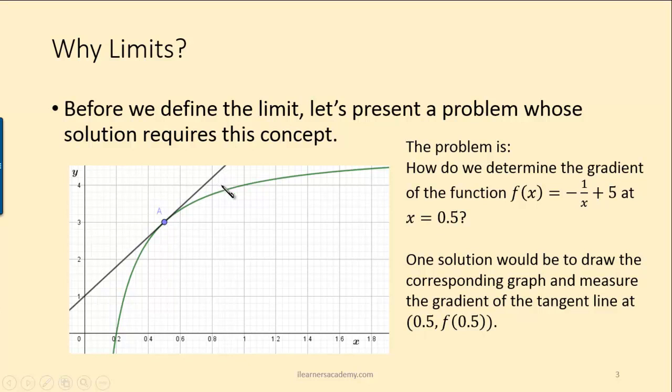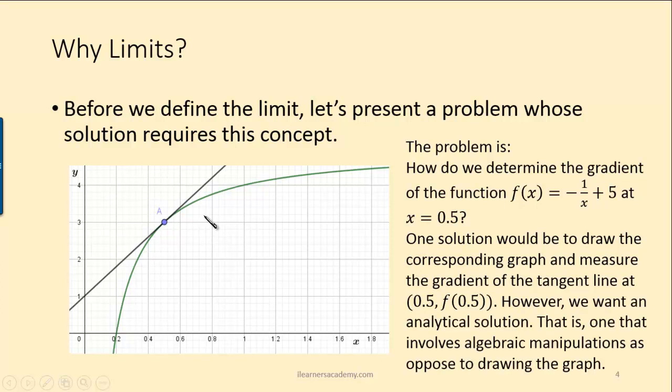And of course, then we simply measure the gradient of this tangent line. If you look at this carefully, you can do it for yourself, and you should get a gradient of approximately 4. However, what we want to develop is an analytical method, a method that does not require us to draw the graph. We can just do some algebraic manipulation and then get our answer.